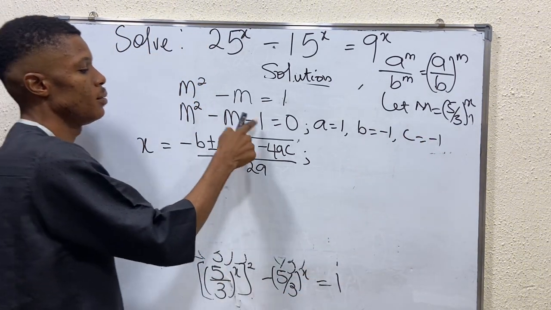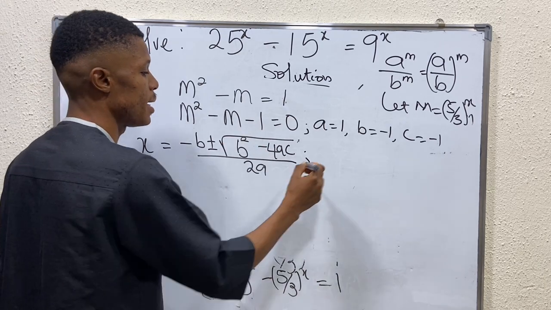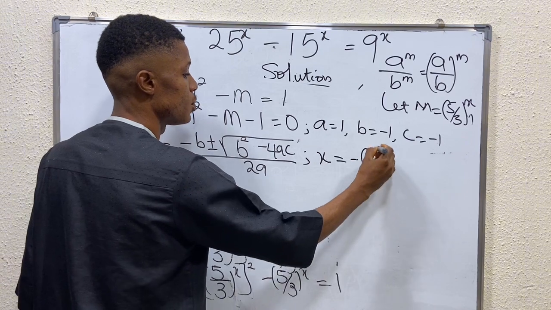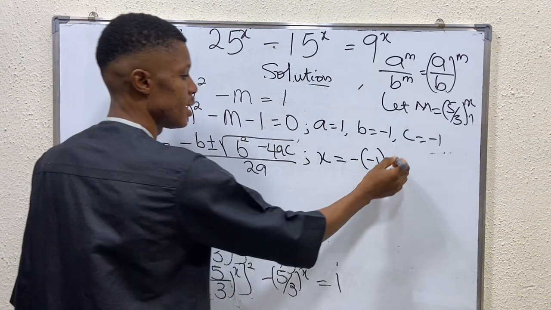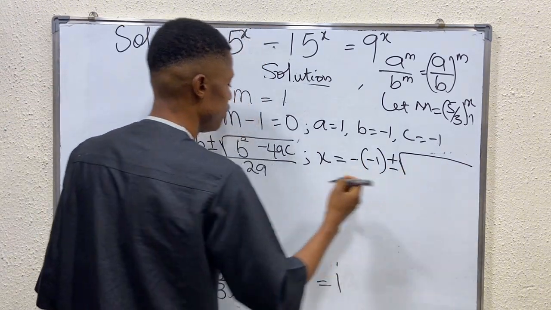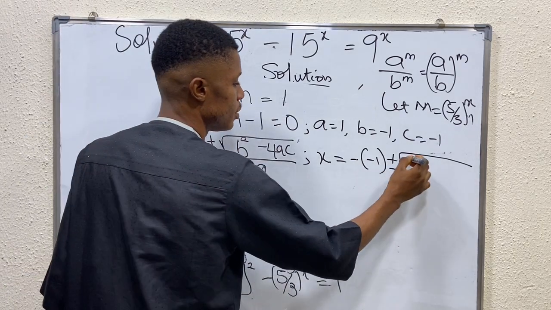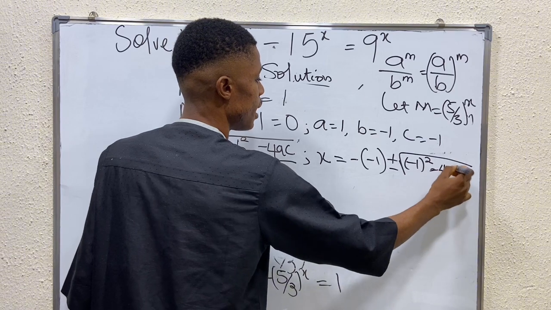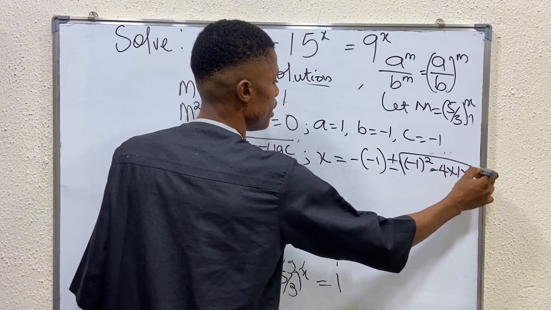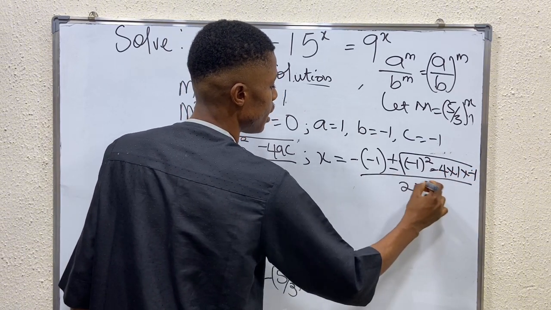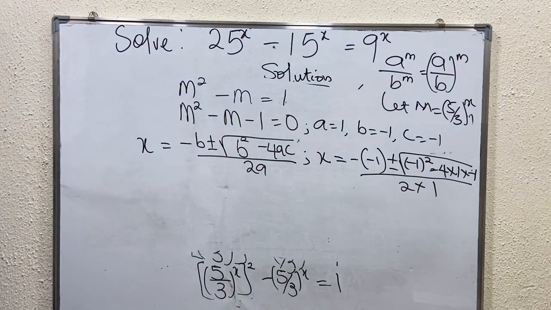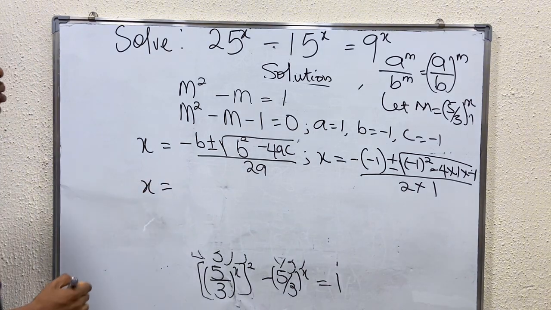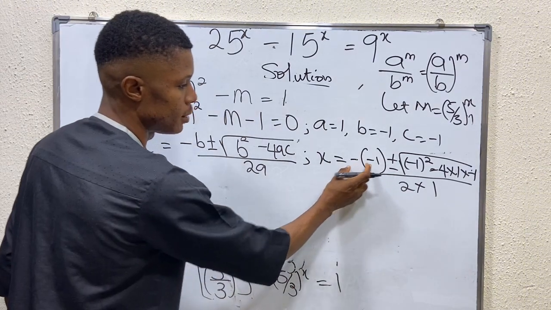So if you apply it here, you see that x will be minus minus 1, plus or minus the square root of minus 1 all squared, then minus 4 times a is 1, c is minus 1, divided by 2 times 1, which is a. At this note, we now simplify, meaning that x is equal to minus becomes plus.